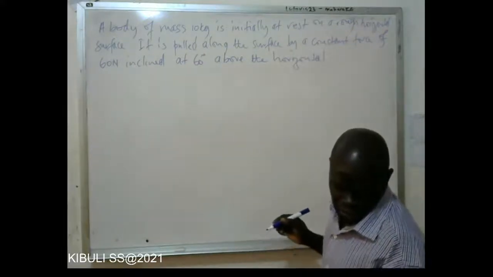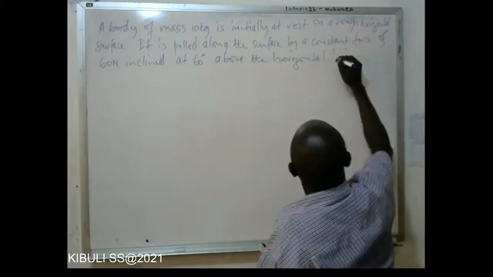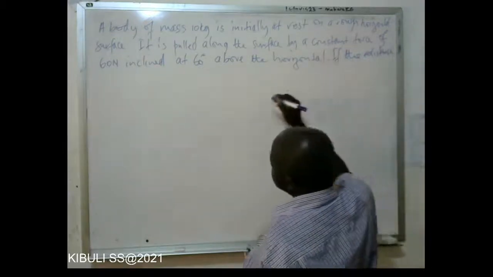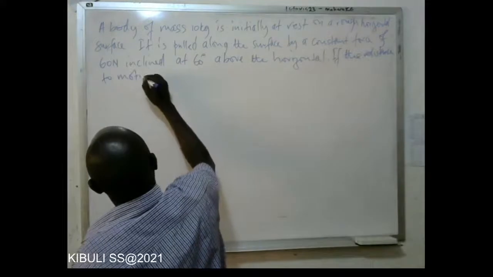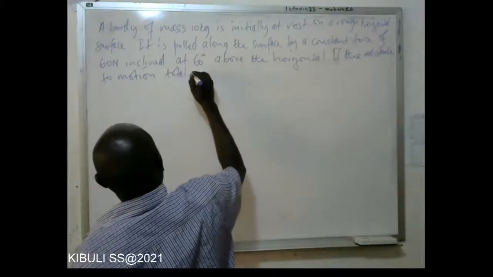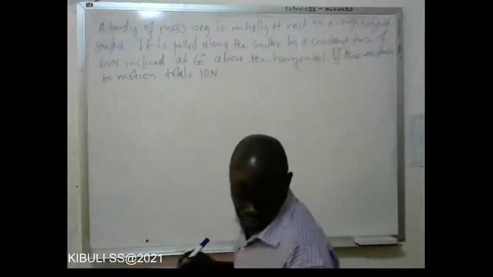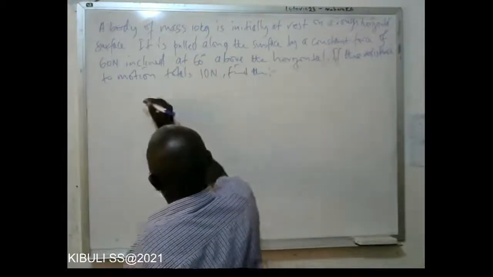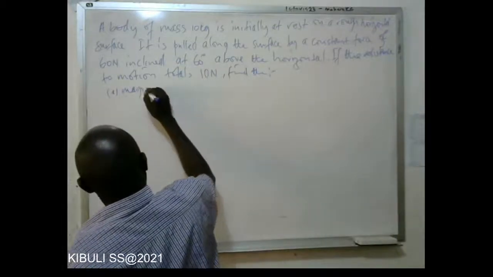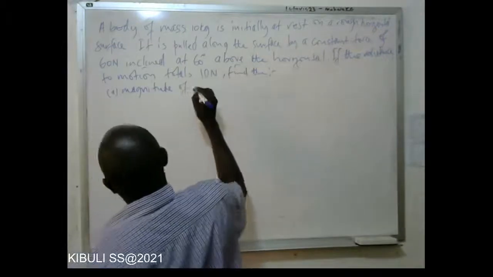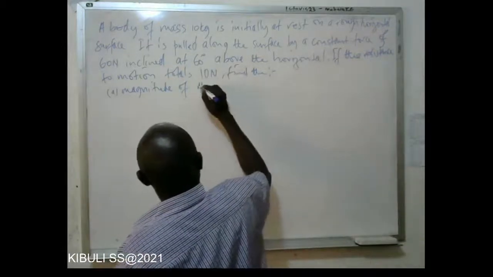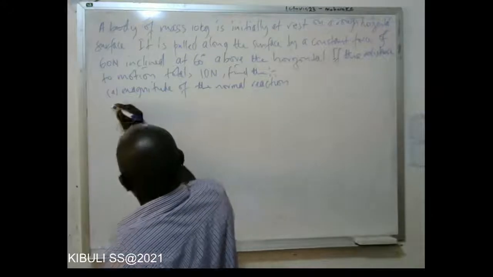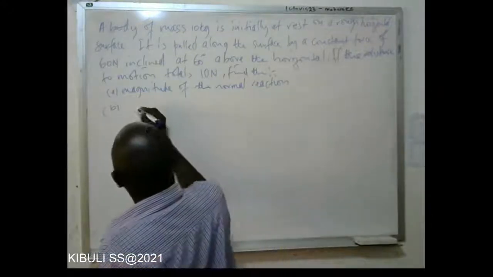If the resistance to motion totals 10 newtons, find the magnitude of the normal reaction. Part 2 is saying find the acceleration of the body.